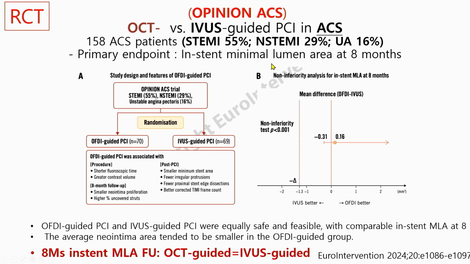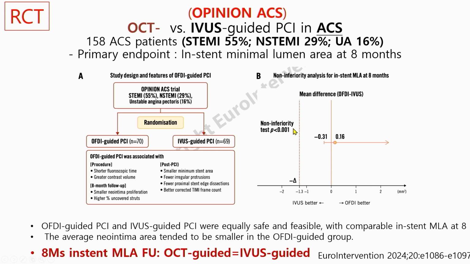So we can see some studies recently published in Circulation Intervention 2024, the OPINION ACS study. They collected 158 ACS patients, STEMI about 55%. And they compared the patients in the OCT or IVUS guide for different groups.